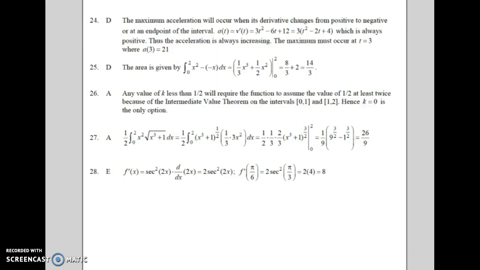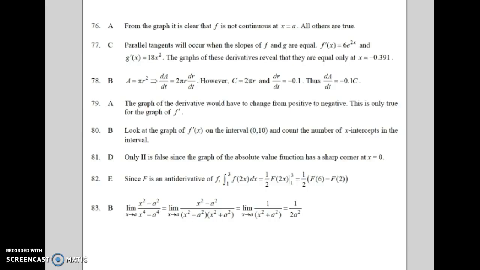And the next questions are the calculator questions, so there might not be as much work to show. So here we go. 76 to 83. 84 to 87.